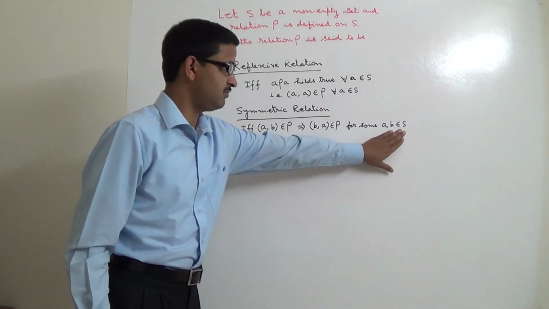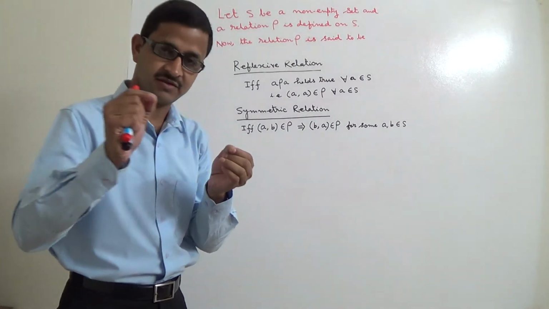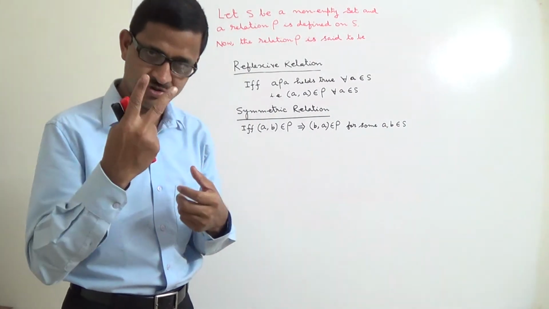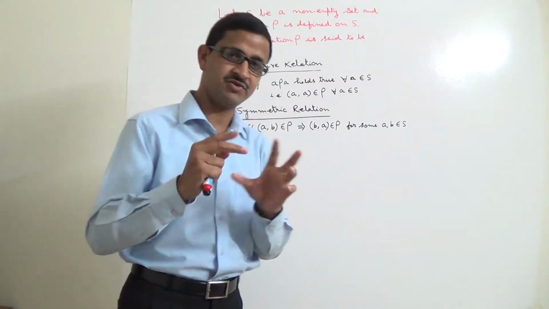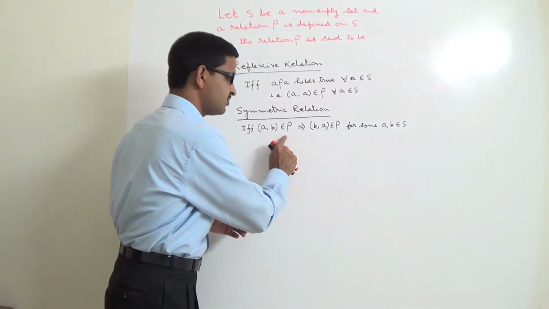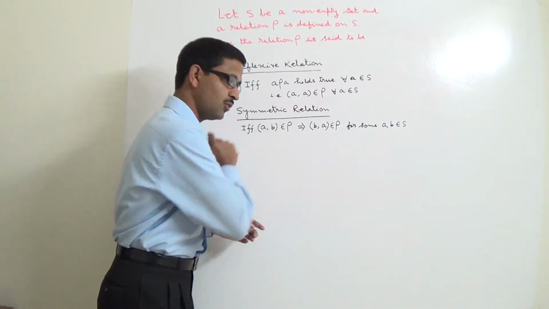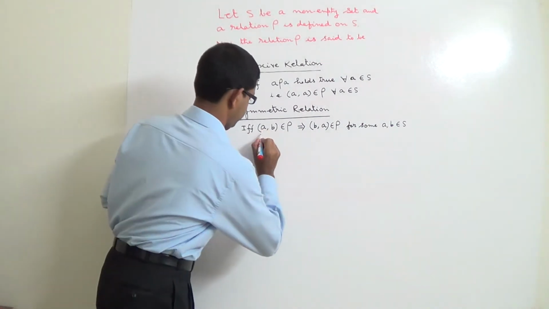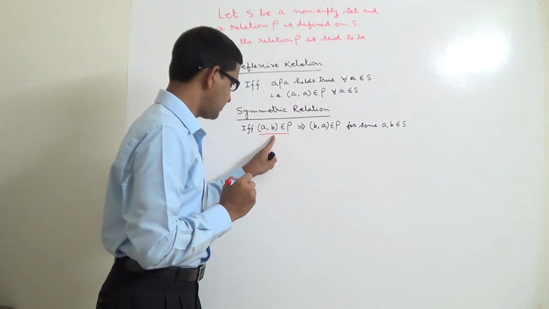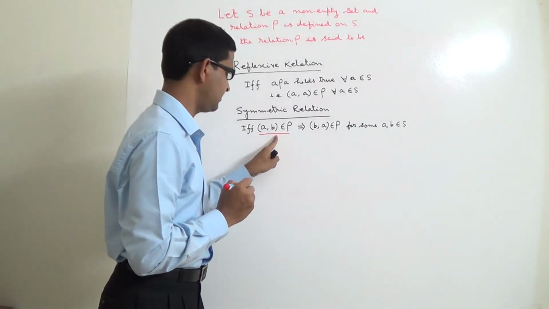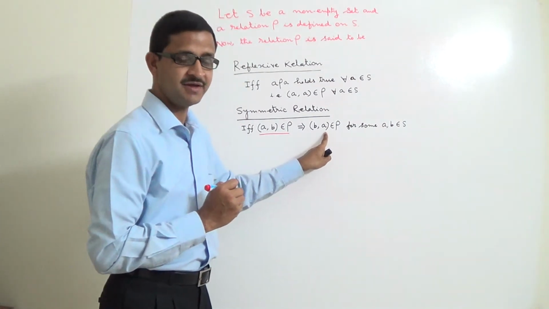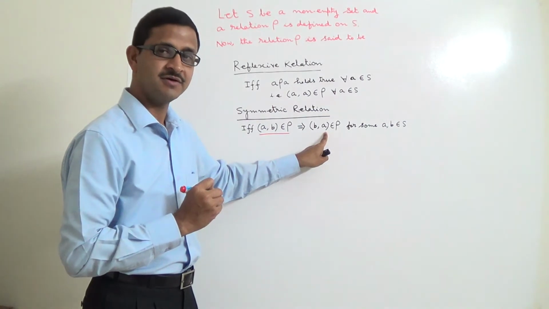That means in the set S on which the relation rho is defined, let us take two elements A, B. Now A, B are arbitrary, so for some elements A, B, if we see that (A, B) belongs to rho, and with this understanding we can prove that (B, A) belongs to rho, then we can say that the relation is a symmetric relation.